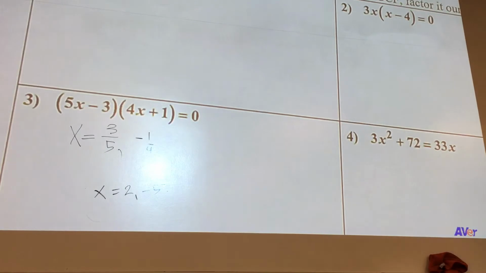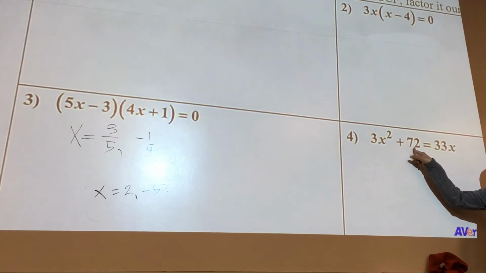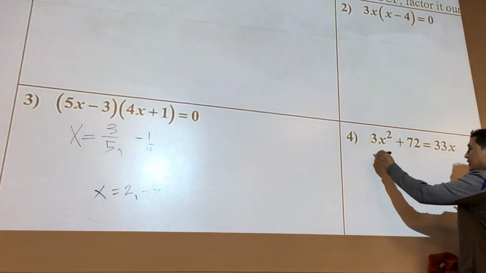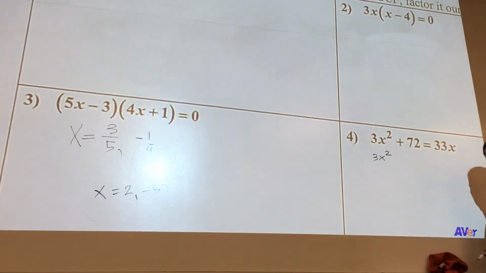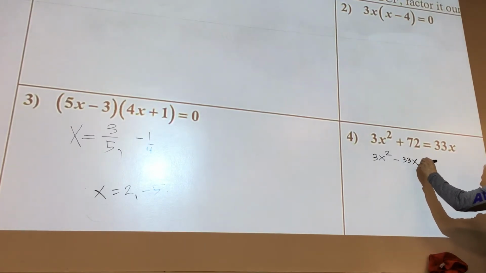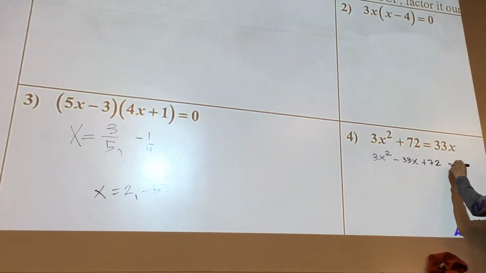All right. Next, is this set up to 0? No. Did you notice that that's a big number? That's also a big number. But did you notice they're all divisible by 3? We can pull out the 3. So always remember, we follow the quadratic form. So minus 33x plus 72.